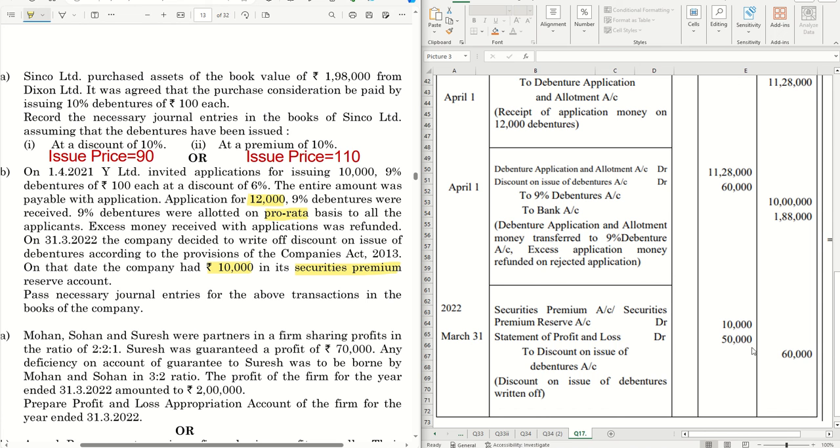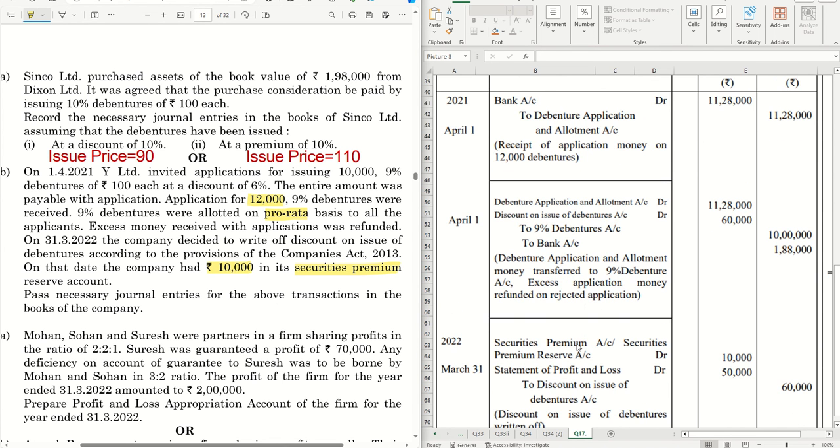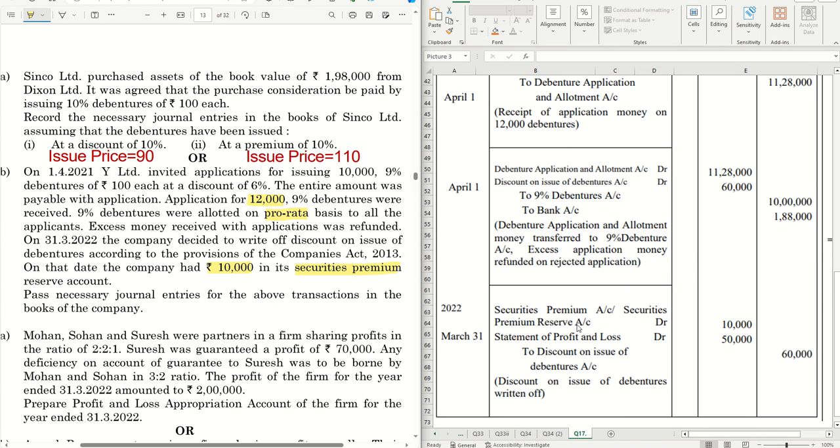Okay, so this is the journal here. Securities premium reserve account debit 10,000, statement of profit and loss account debit 50,000, to discount on issue of debentures account 60,000. At the end of the year, give the date as March 31, 2022. Here also there are three journals and 1 mark each. That is to cover 3 marks for this question as well.